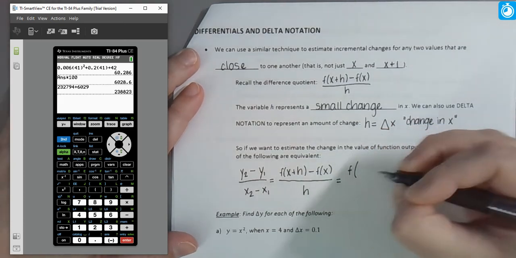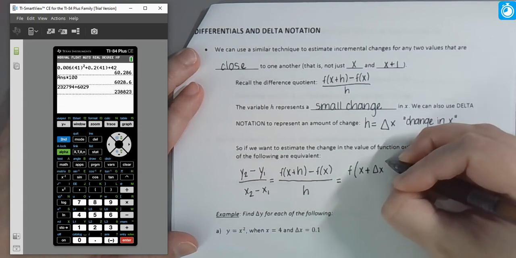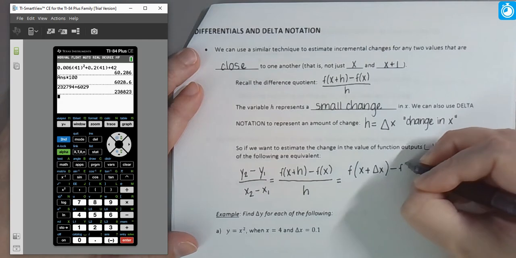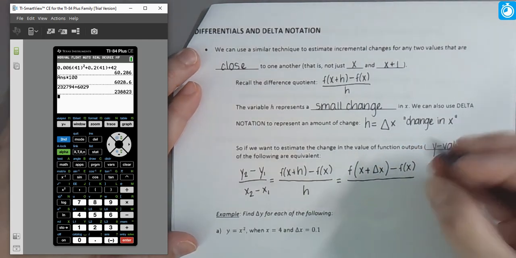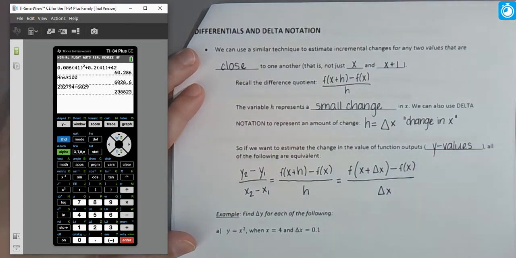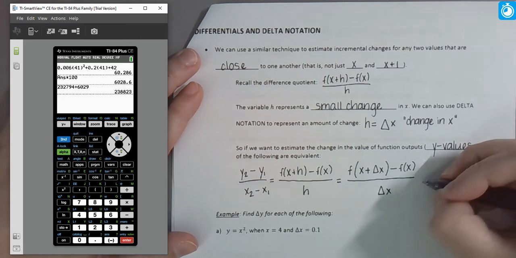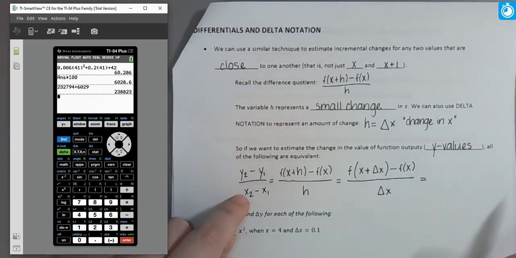So this also could be written as f of x plus delta x minus f of x all over delta x. And then the simplest way to write it, which is again very similar to this original notation, change in y over change in x.